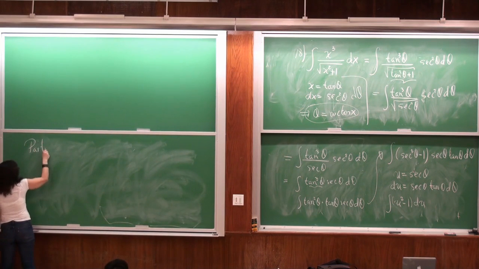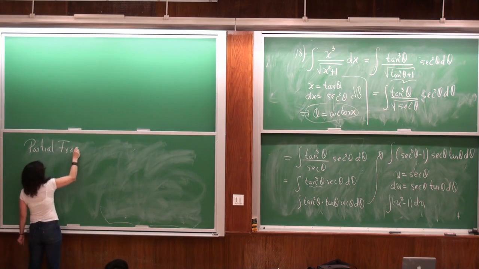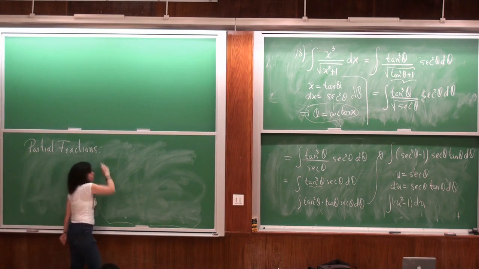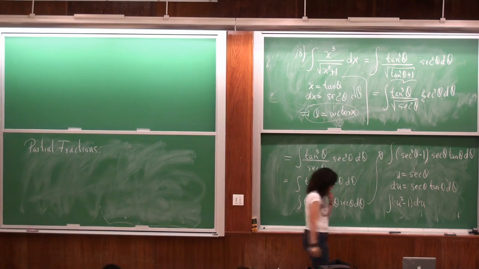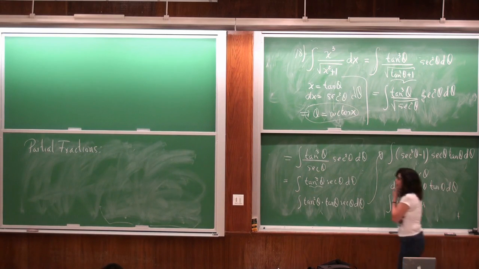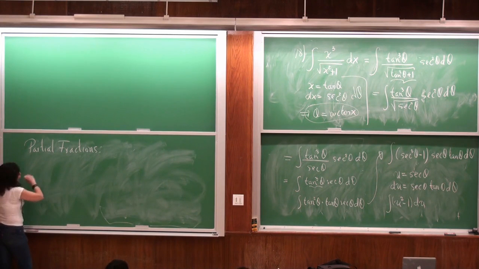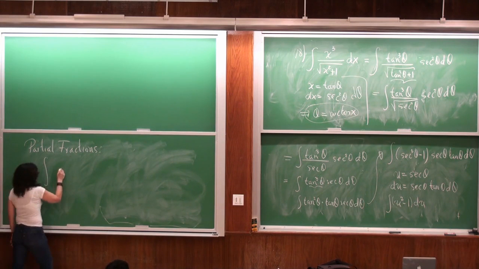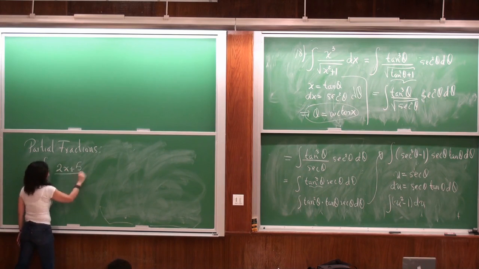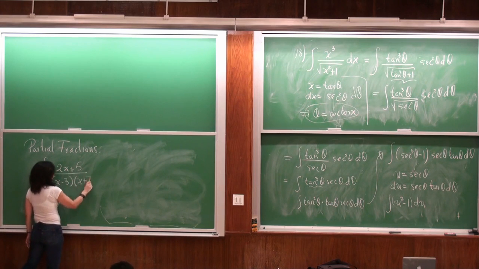Partial fractions is divided in two parts, but I'm going to talk about the first part today. So we're going to try to solve integrals of this type. I'm going to solve an integral that says, for example, I don't know, let's just say 2x plus 5 over x minus 3 times x plus 7 dx.